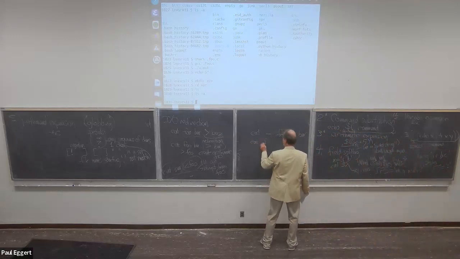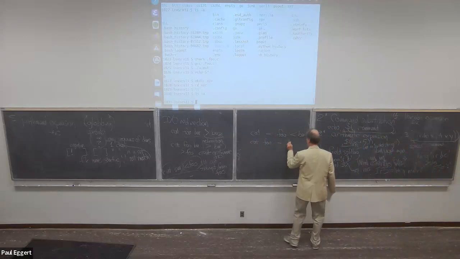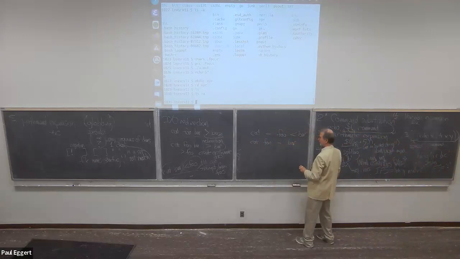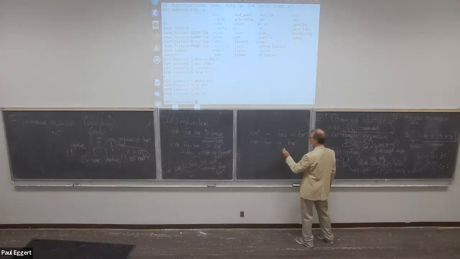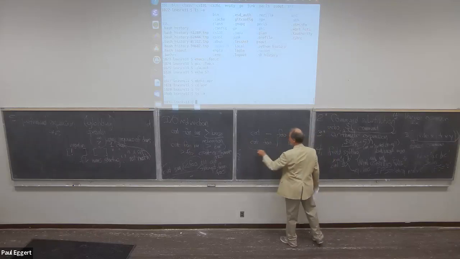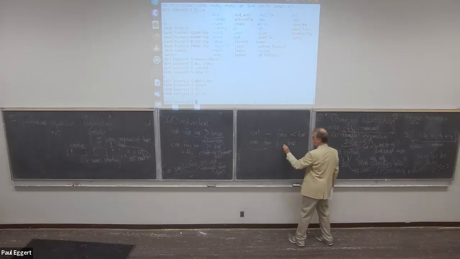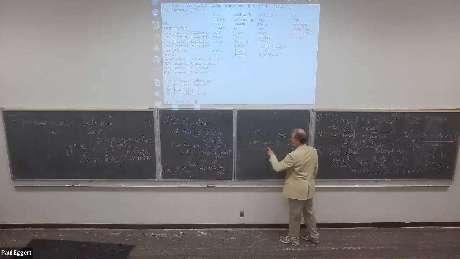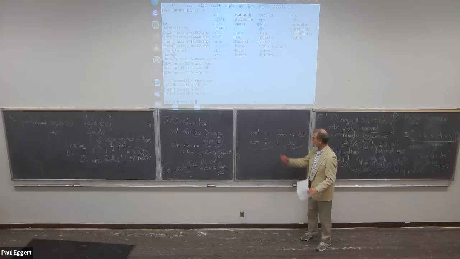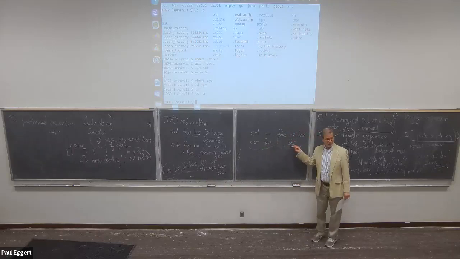Cat foo minus bar like that. Oh, like this? Yeah, well, in effect, this is the end of the command. Here's another command. This says, run the command cat foo. It will output a copy of foo into this pipe. Run the command bar.